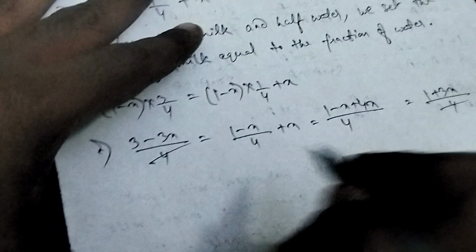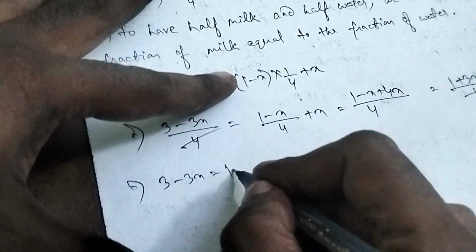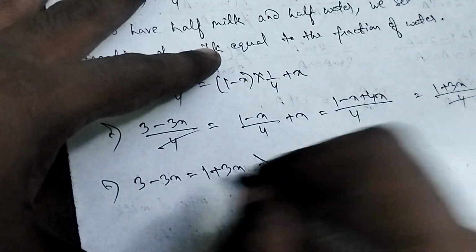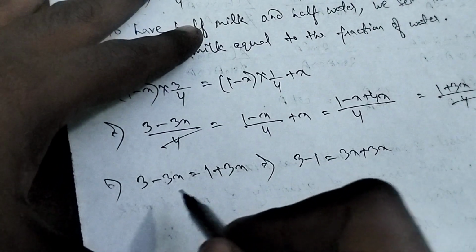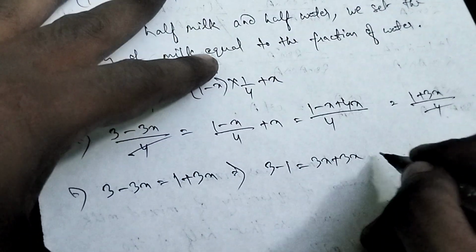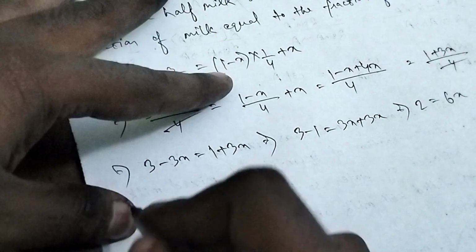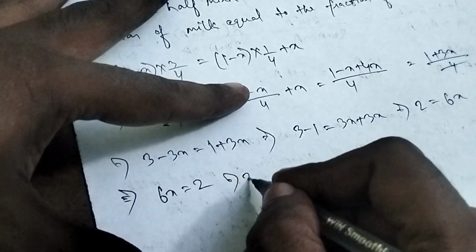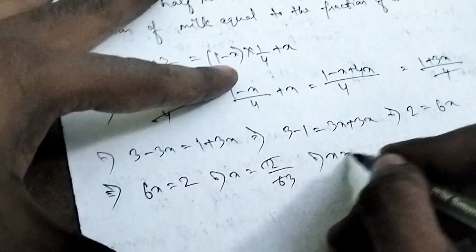So 4 will cancel each other. That means 3 minus 3x is equal to 1 plus 3x. So 3 minus 1 is equal to 3x plus 3x. That means 2 is equal to 6x, so x is equal to 2 by 6, that means x is equal to 1 by 3.